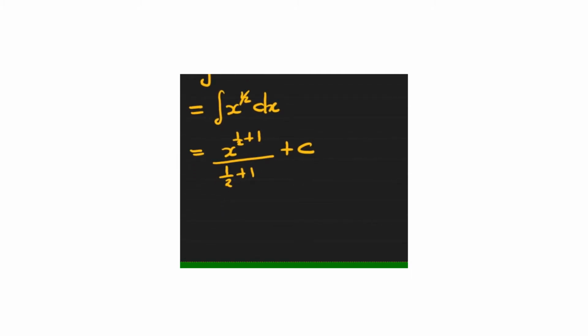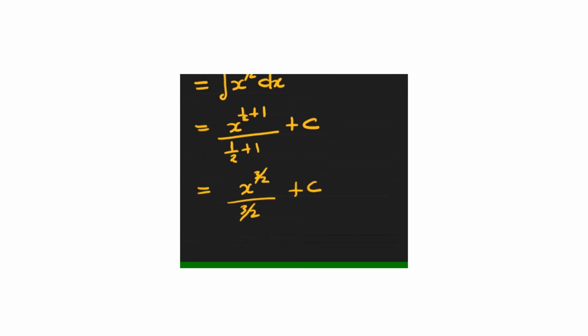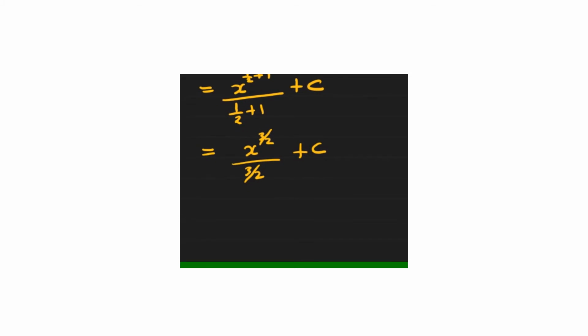Simplifying, it gives us x to the power 3 over 2 divided by 3 over 2 plus constant of integration c. Simplifying it better, it becomes 2x to the power 3 over 2 all over 3 plus our constant of integration c. Good.